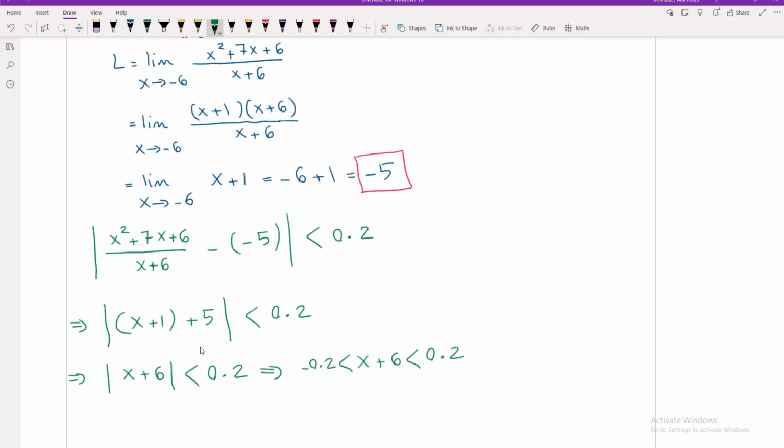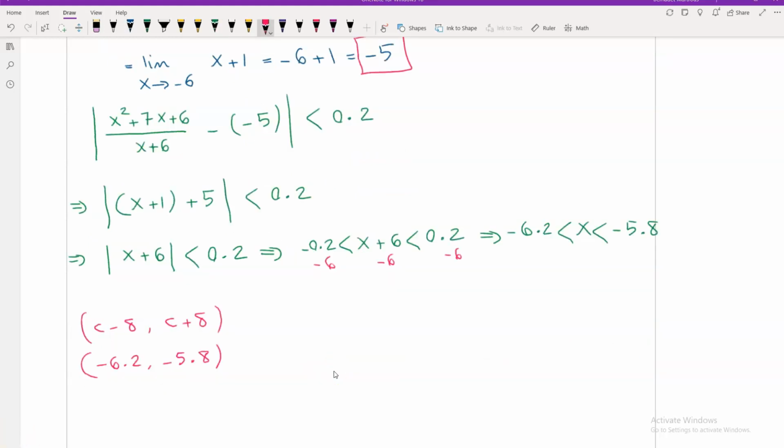Solving for x, subtract 6. So x is between -6.2 and -5.8.